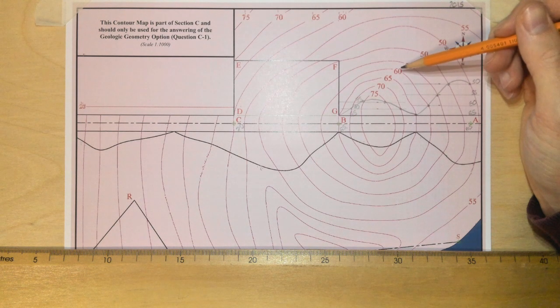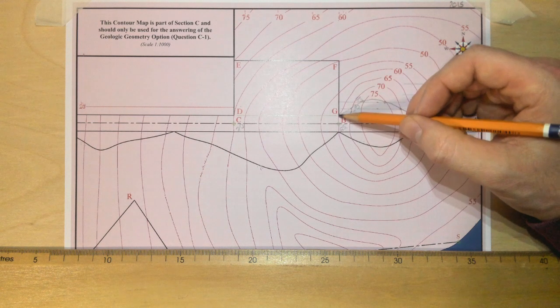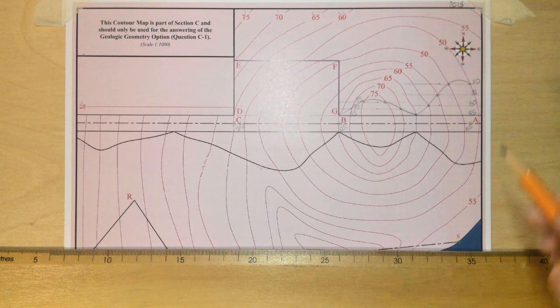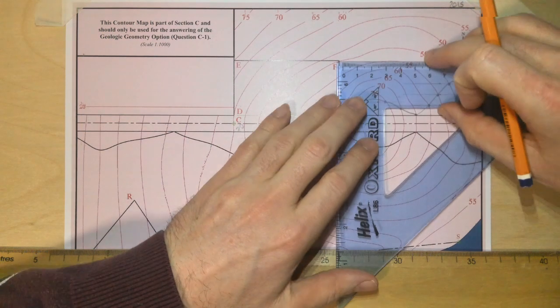Are we cutting or filling? 65 hits there, so 60, 55. We're going to be filling here for this. The difference between the lines was 7.5, so it's going to be 7.5 again from these.